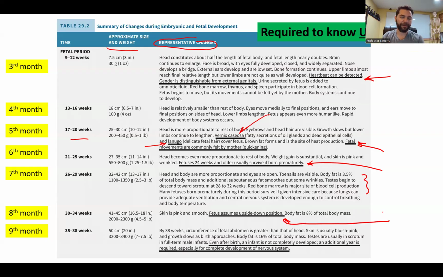At 30 to 34 weeks, we have the ideally upside down position taking place in preparation for exit, right? Obviously, you have breech babies that could be transverse breech, they could be right side up. But basically, the idea is that the fetus will assume that position preparing for birth.